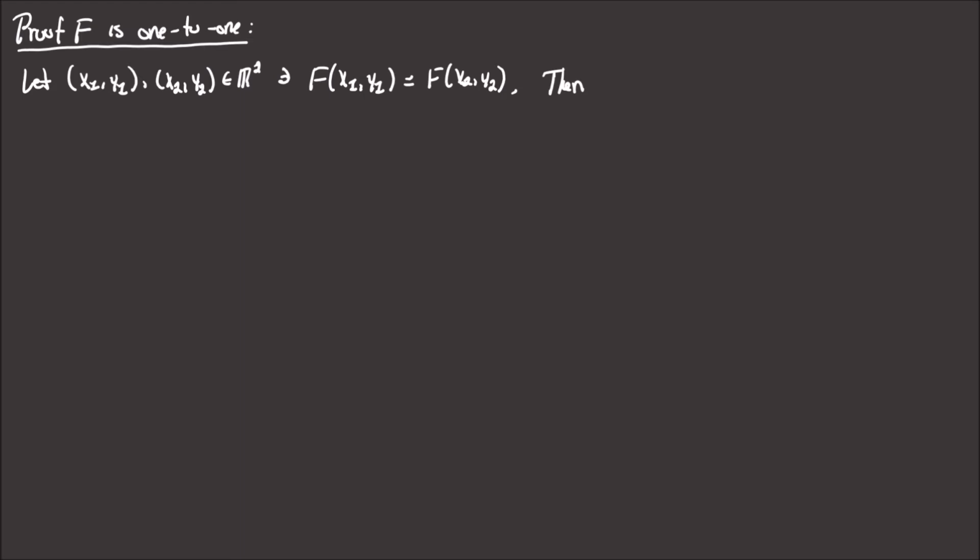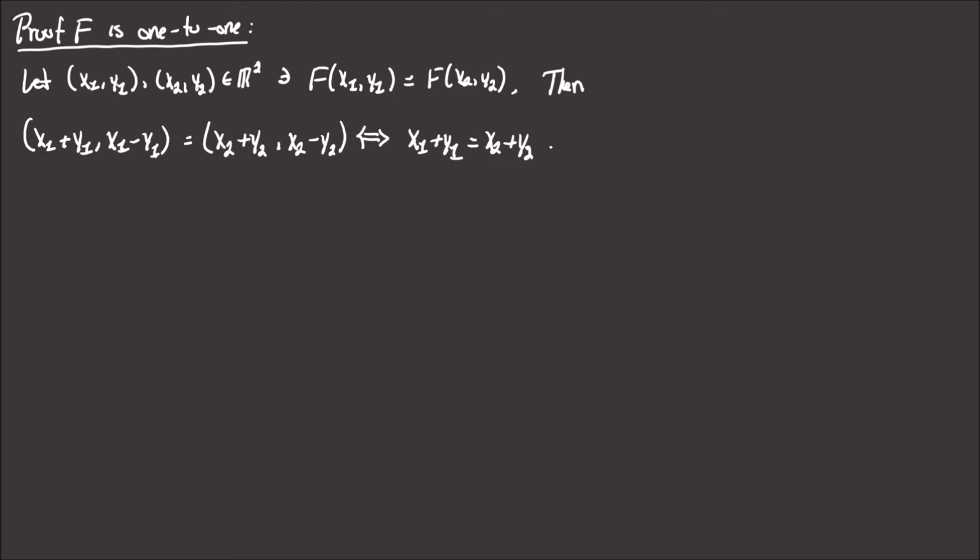So if these two are equal, then we must have x1 plus y1 comma x1 minus y1 is equal to x2 plus y2, x2 minus y2. But this is true if and only if x1 plus y1 is equal to x2 plus y2 and x1 minus y1 is equal to x2 minus y2.